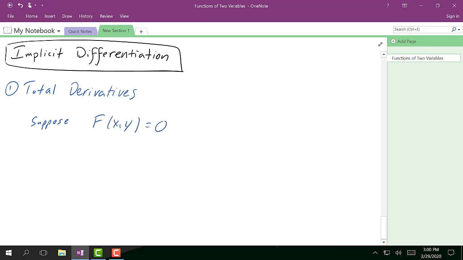So what we're going to do is first suppose we have some function capital F of x, y equal to 0. If I take the derivative with respect to x of both sides, then by chain rule I get the partial derivative of f with respect to x times dx/dx, because x and y here are not assumed to be functions of other variables. Actually, that might not be true. Let's go ahead and finish this first. Plus the partial derivative of f with respect to y times dy/dx equals 0.